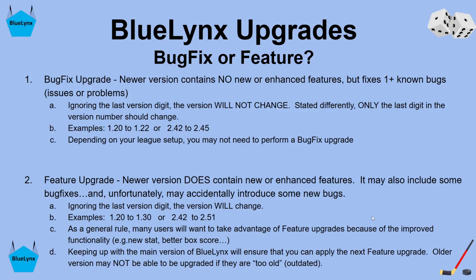It'll be too much of a jump. You might have to apply some other upgrades in between. So it's good to at least somewhat keep up with the main version, just so that you're not caught in a place where you can't directly upgrade to the version you eventually want. So that's describing the two types of upgrades and what the versions mean in BlueLynx.